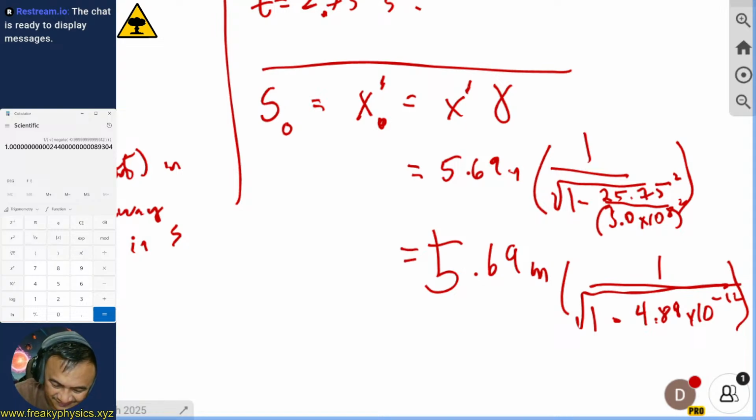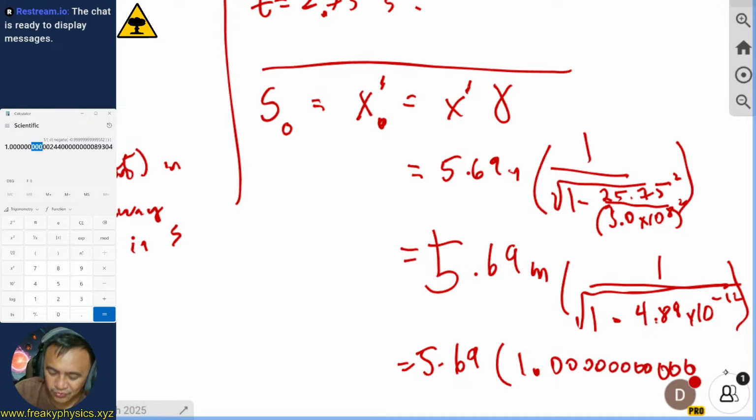That's still going to give you basically 5.69 times, I'm just going to put the whole number to the first non-zero digit here. 1 2 3 4 5 6 7 8, then 6 9, 11 zeros. 1 2 3 4 5 6 7 8 9 10 11, 2.